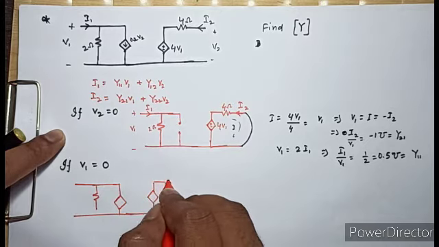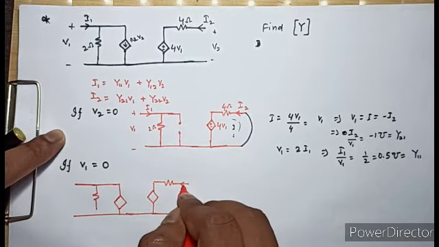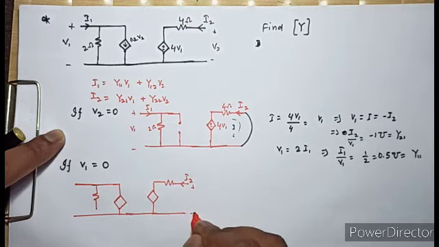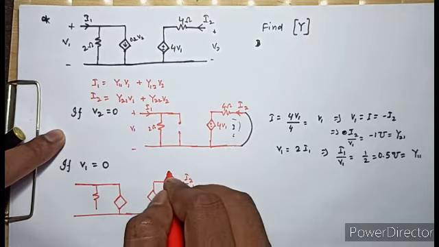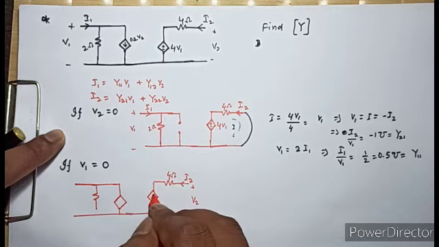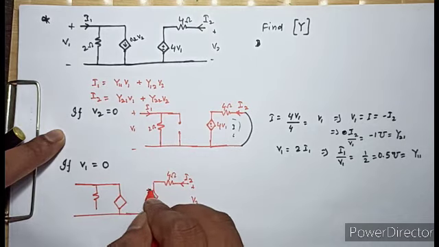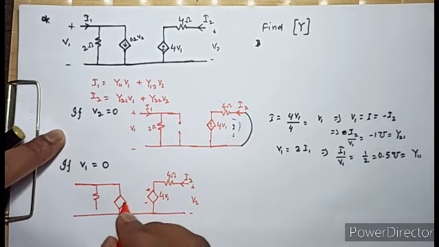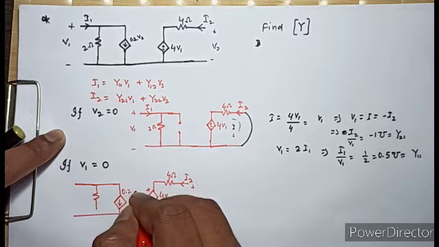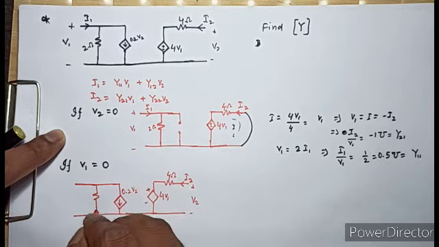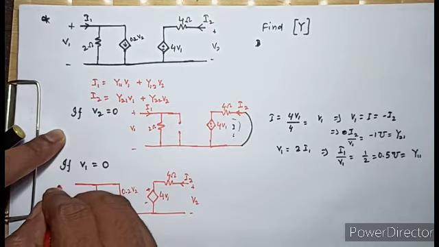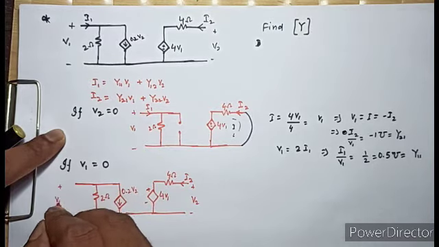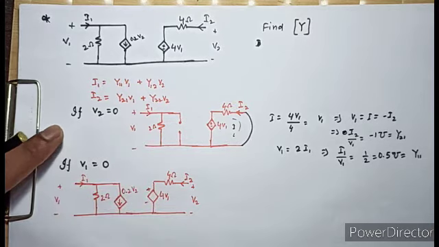Right, this will be I2, V2, this is 4 ohm, this is plus or minus 4V1, and this is 0.2 V2, this is 2 ohm, this is our V1, and this is I1.